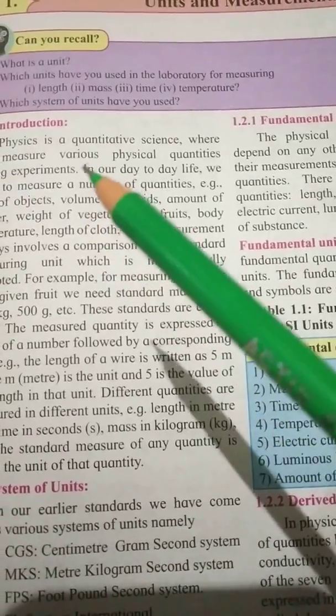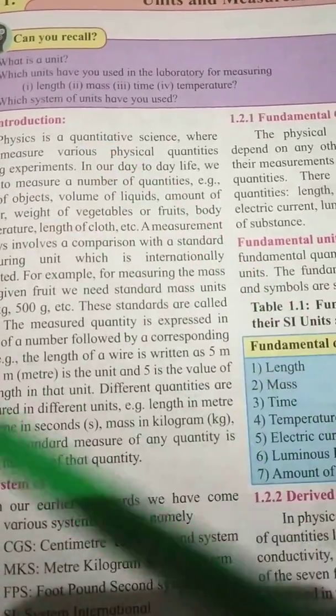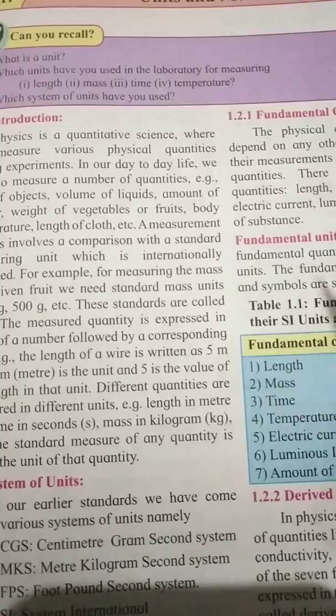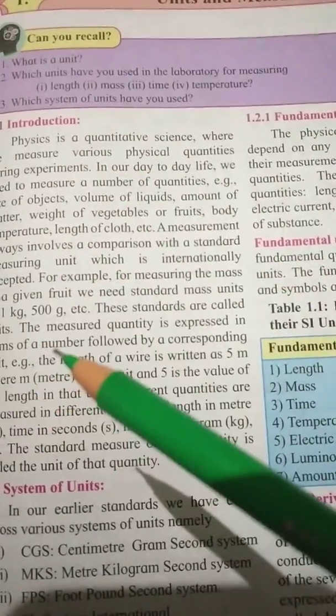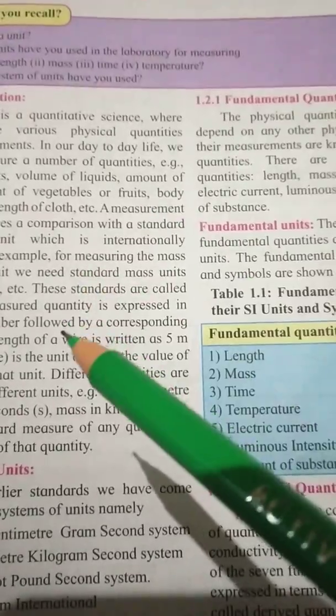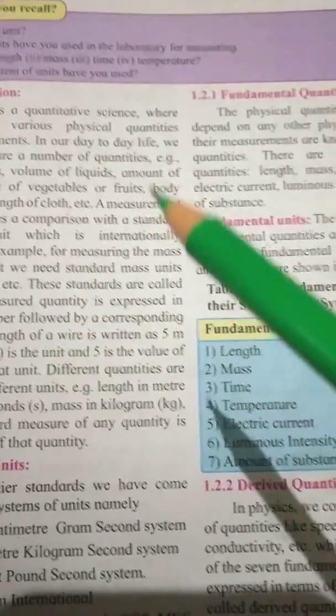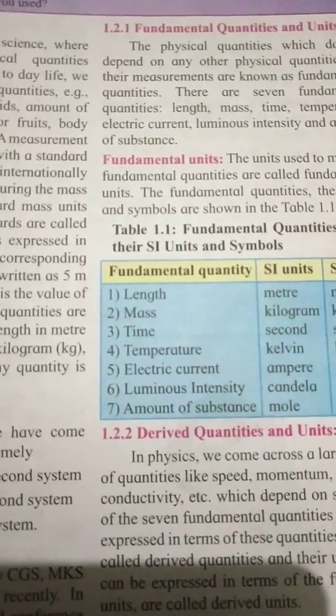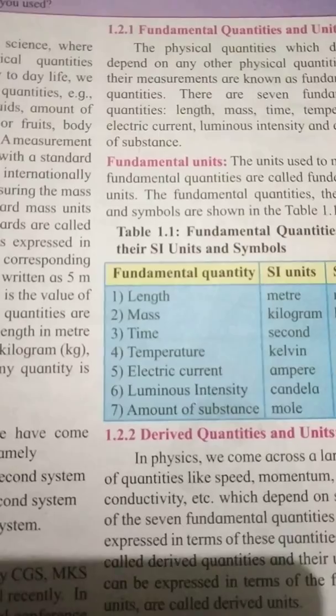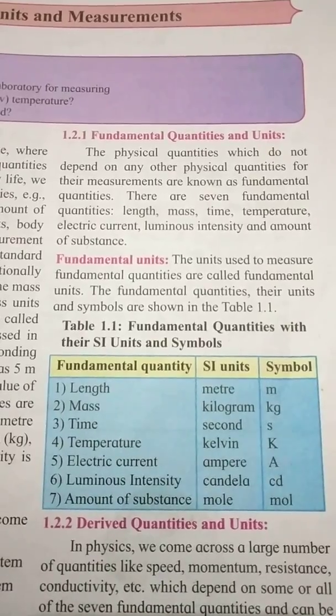Okay, so first we learned the introduction to units and measurements, meaning what is a unit, the system of units, fundamental quantities and derived quantities, and the definitions of fundamental and derived quantities and units.